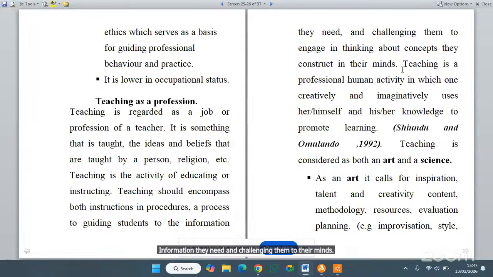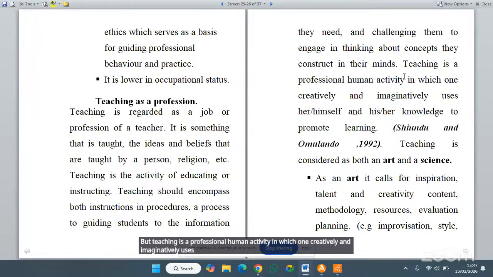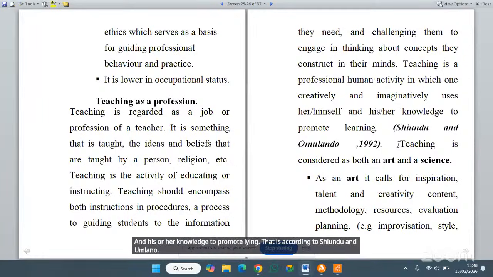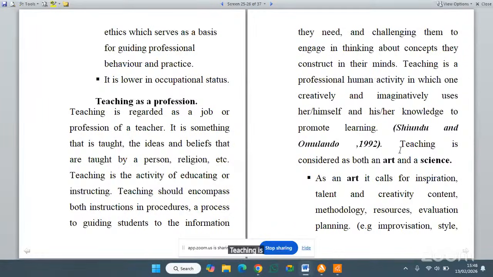So teaching is a professional human activity in which one creatively and imaginatively uses himself or herself and his or her knowledge to promote learning. That is according to Shiundu and Omulando. Teaching is considered as both an art and a science.